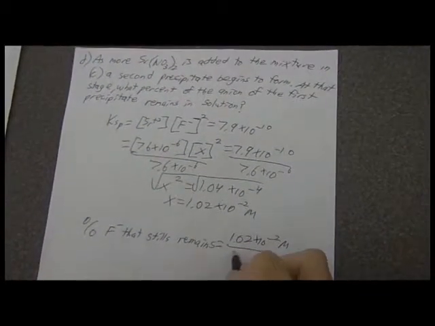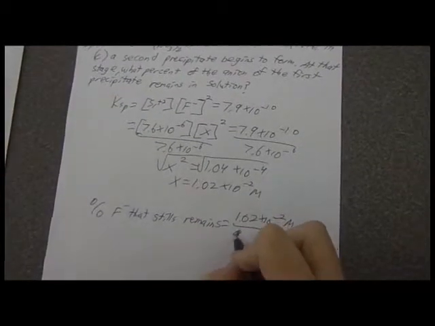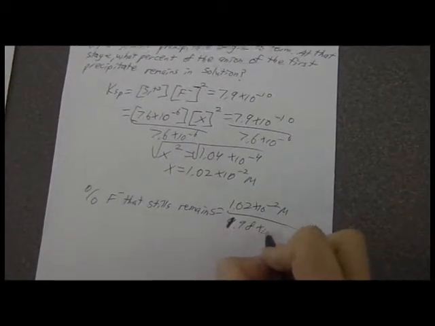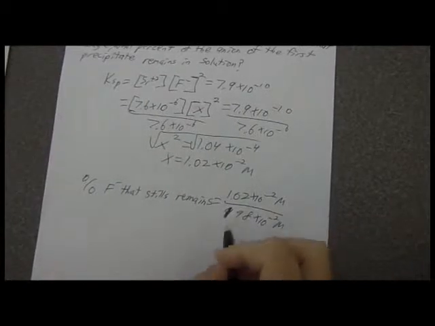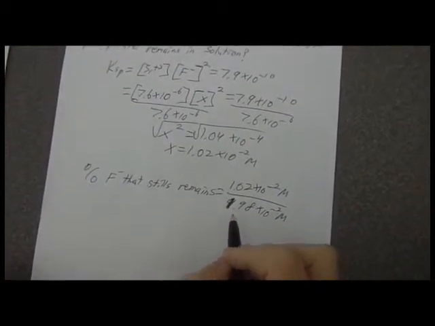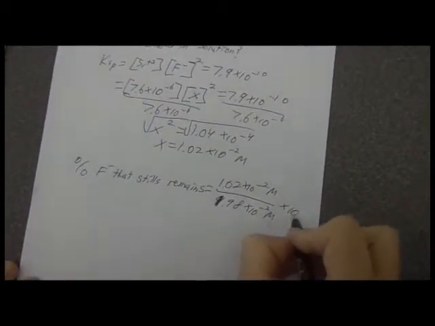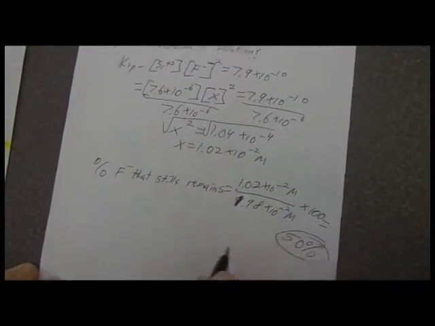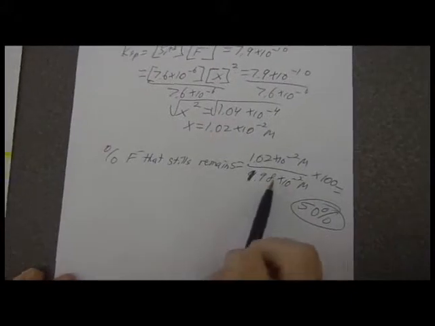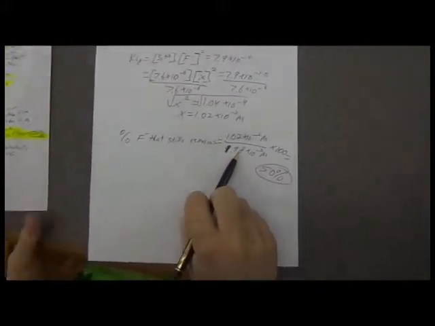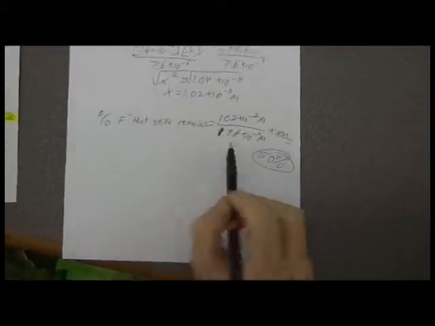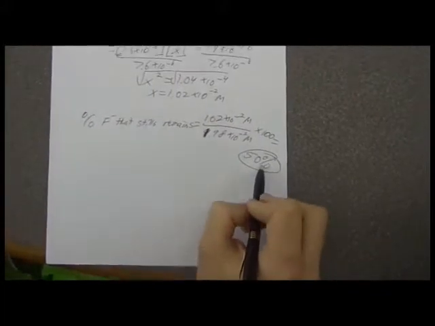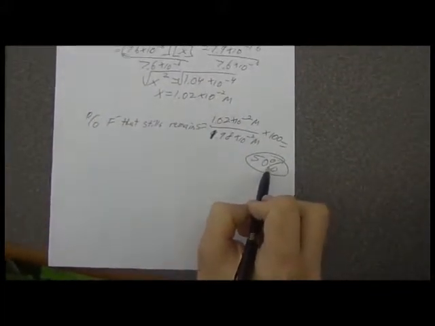And then we're going to put it over 1.98 times 10 to the negative 2 molar, which we get from the previous parts of the problem. Multiply that by 100, and we get a percent of about 50%. And this number comes from the calculated molarity of the Sr+2 calculated in Part C. So this is your final answer for Part D of this question.